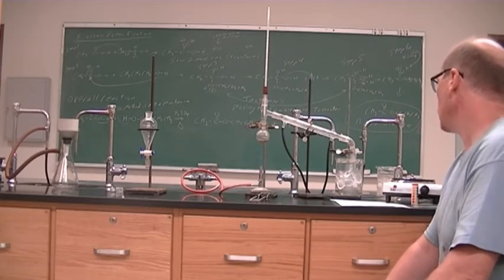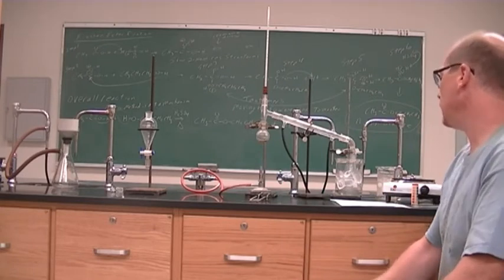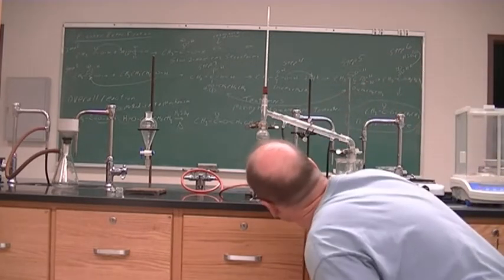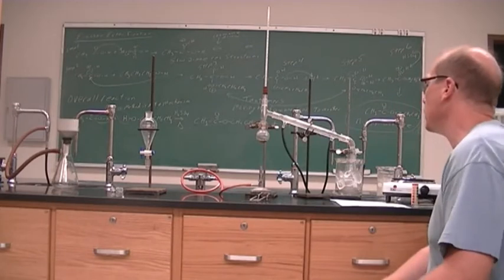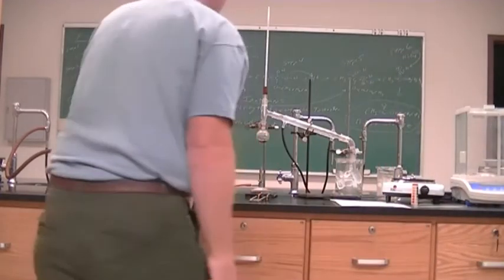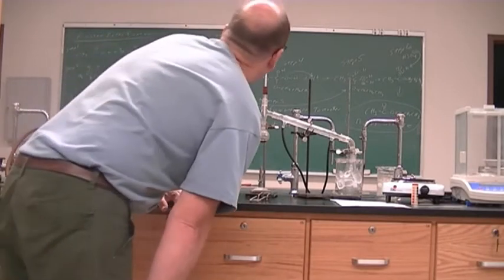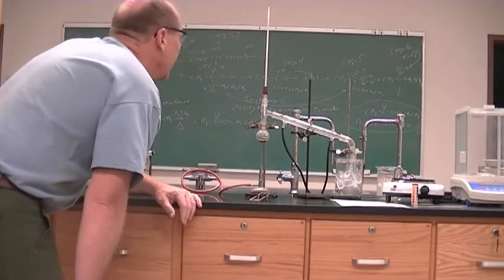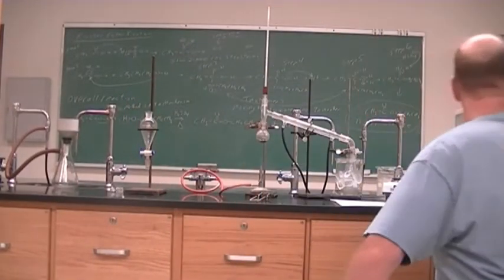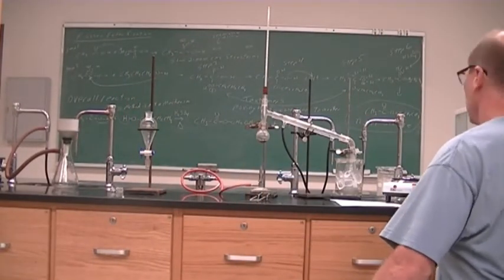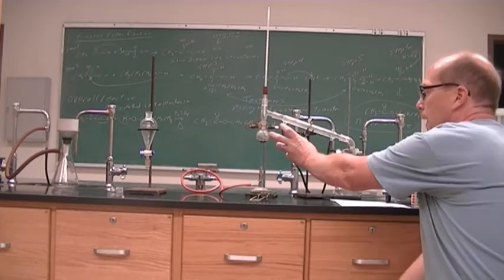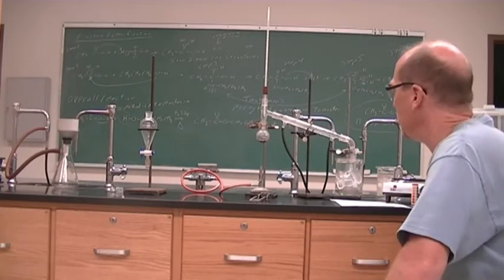All right, and so the residue in the distilling flask is just a few milliliters. We're getting pretty close. It's just a few milliliters left here, so we're going to end this pretty quickly. See where we're at temperature wise. We're at 114. And we're getting that concentrated acid down here.